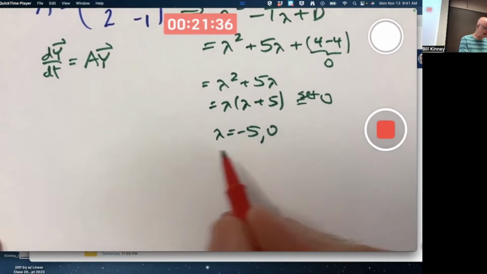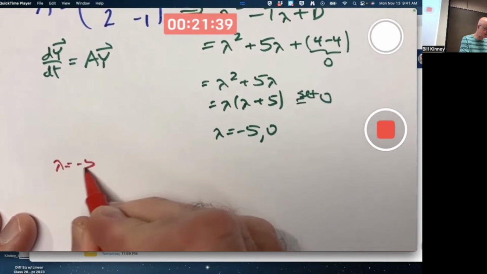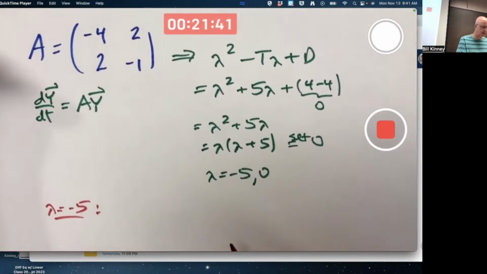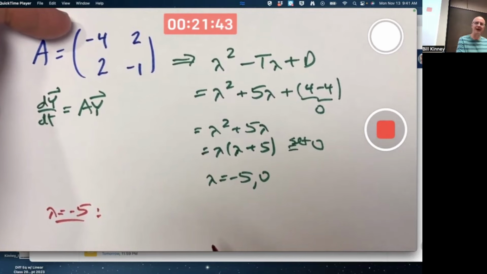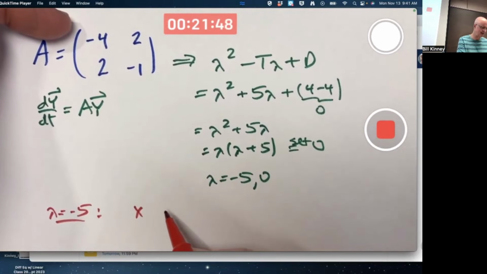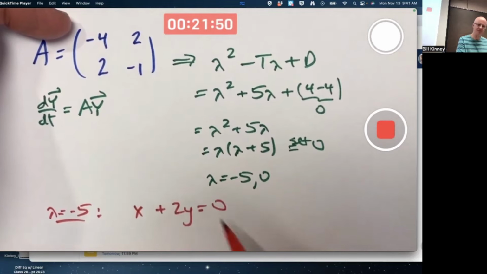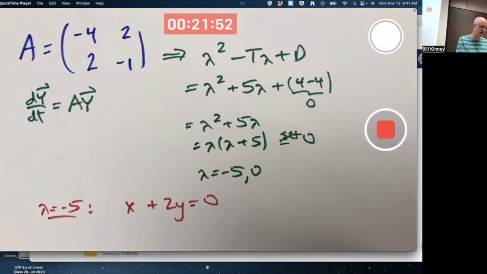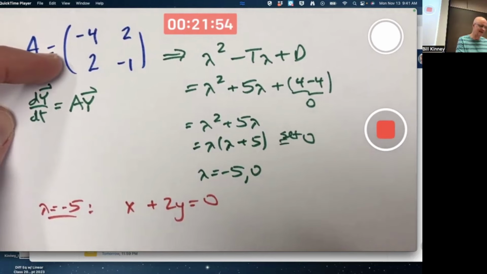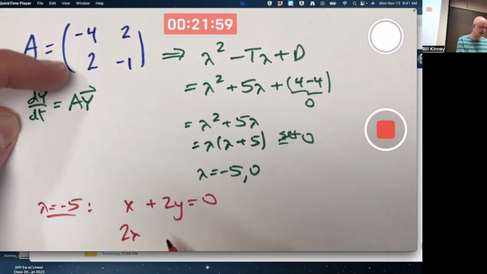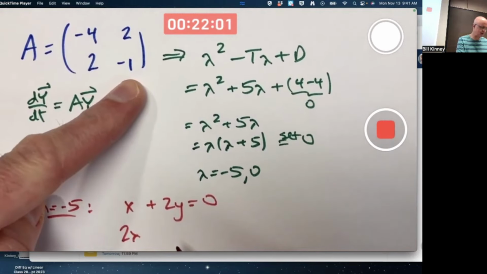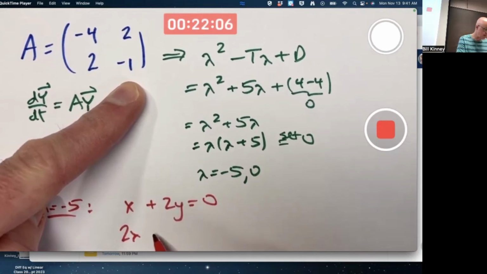What's the eigenvector for lambda equals -5? Take the first row here, -4 minus -5 would be +1. Maybe you want to confirm we definitely have a system with more than one solution by also considering the second equation, 2x, -1 minus -5 would be +4.